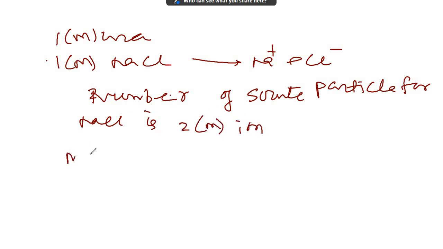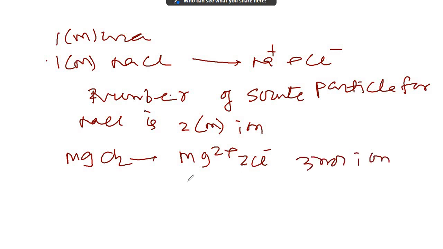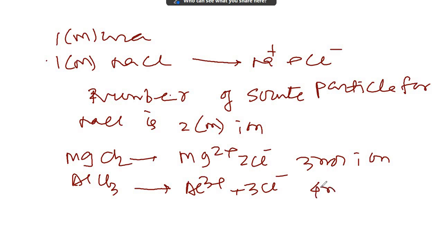For MgCl2 it is equal to 3 moles of ions. For AlCl3 it is 4 moles of ions.